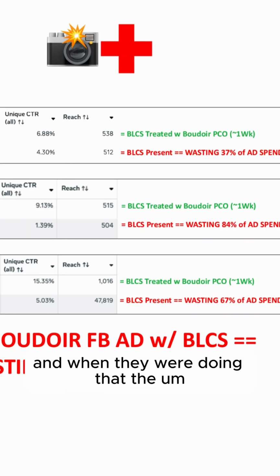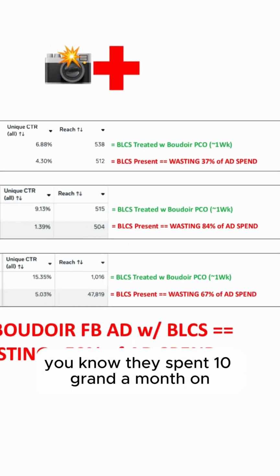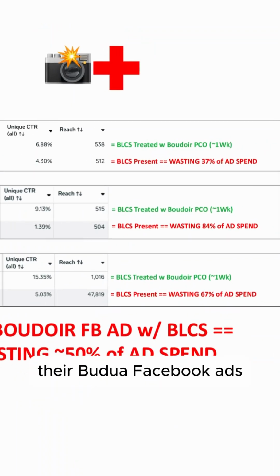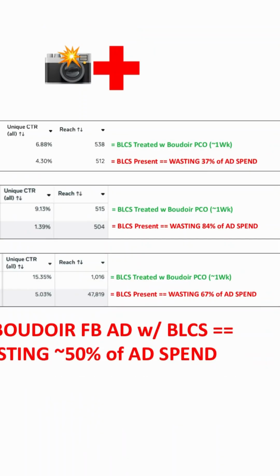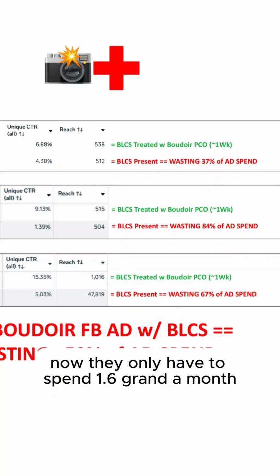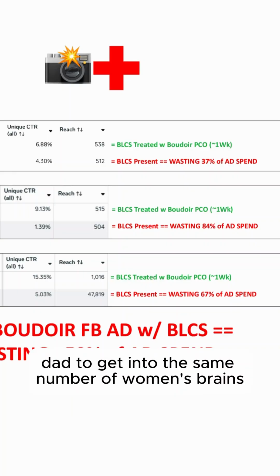And when they were doing that, if they spend 10 grand a month on their boudoir Facebook ads, now they only have to spend 1.6 grand a month on the boudoir Pico treated ad to get into the same number of women's brains.